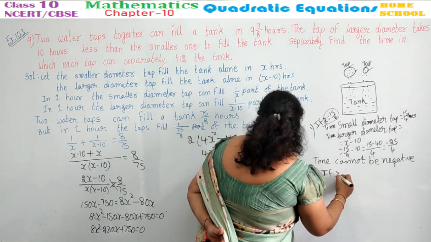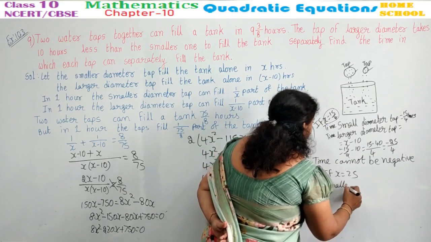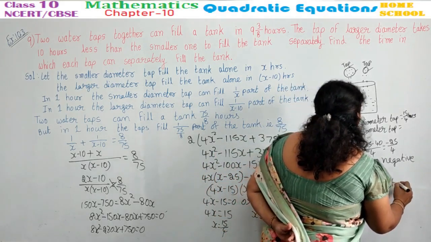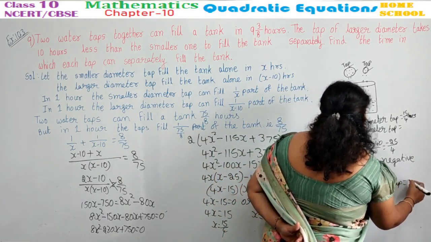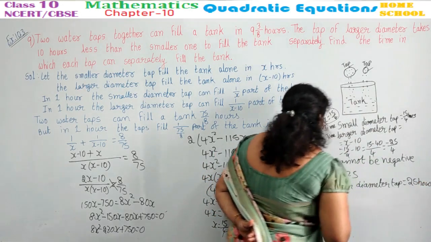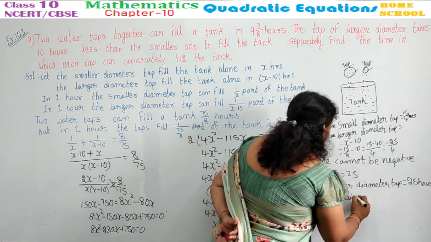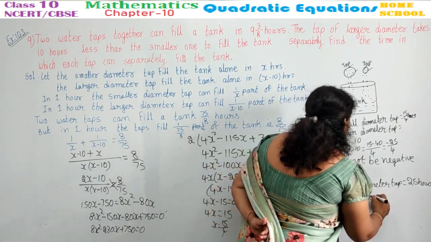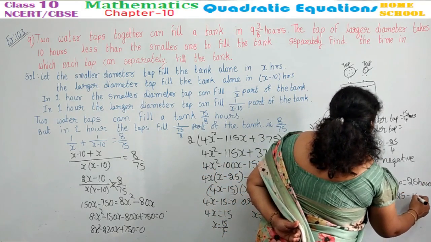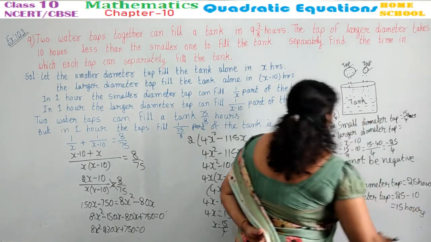If x is equal to 25, time taken by the smaller diameter tap to fill the tank is equal to 25 hours. Whereas time taken by the larger diameter tap to fill the water tank is equal to 25 minus 10, that will be 15 hours.